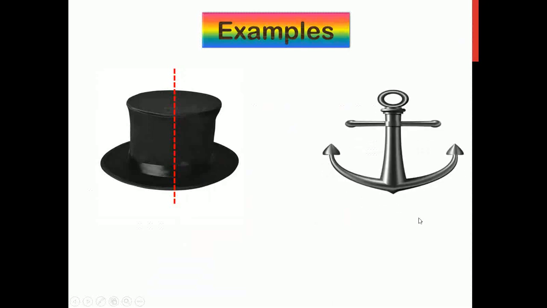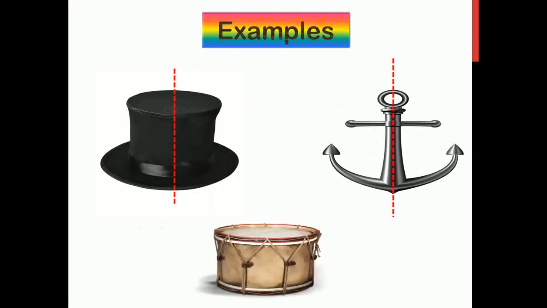There is an anchor on our screen and this anchor is also divided into two identical halves by this line of symmetry. The parts are same on both the sides of the anchor. Here is a drum on our screen now, and this drum is also divided equally and it has identical halves.